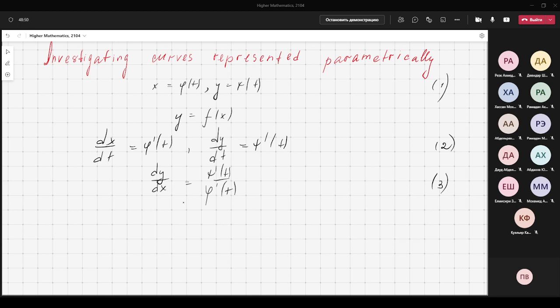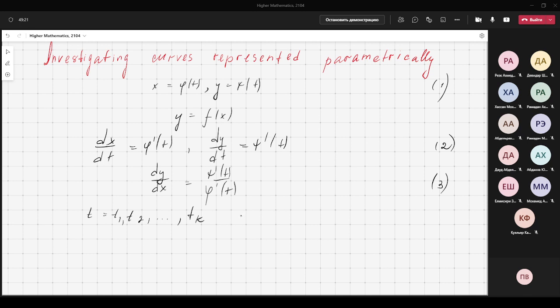We find the values of parameter t equal to t first, t second, etc., t k, for which at least one of the derivatives phi prime of t or psi prime of t vanishes or becomes discontinuous. We shall call these values of t critical values.